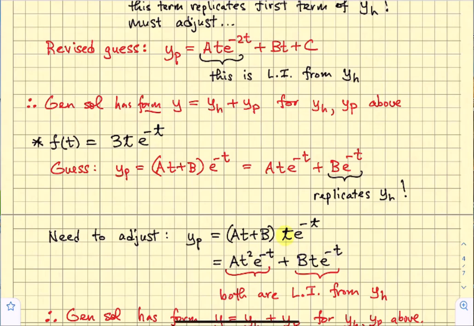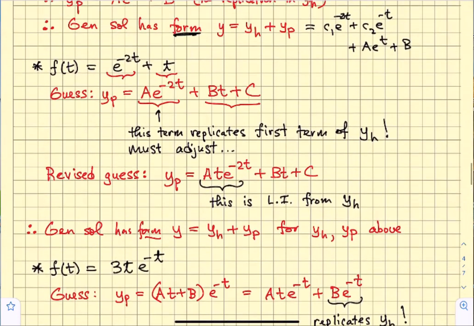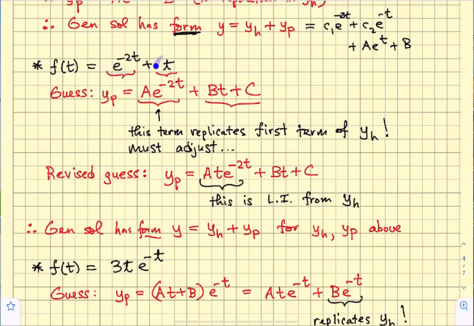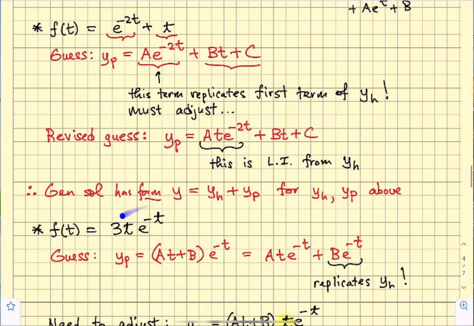So again, we're sticking with the theme that if you have a single term as your f of t, if any part of that term replicates yh, then you need to multiply your entire guess by t. Notice that's a different situation than when you have two individual terms at the outset. This is a superposition concept. This is not a superposition concept because it's a product rather than a sum.